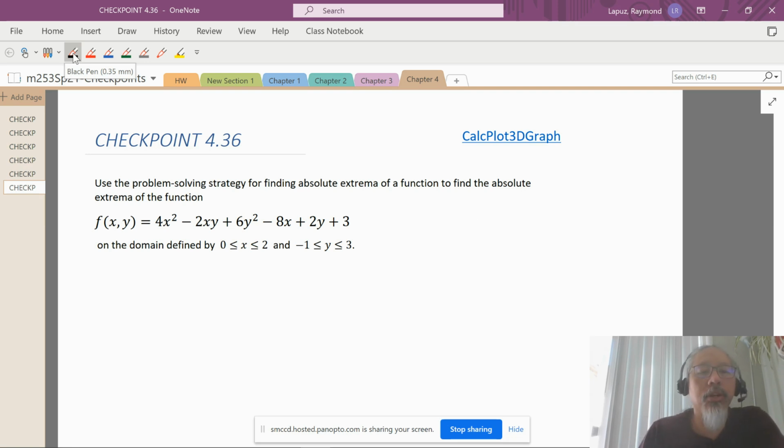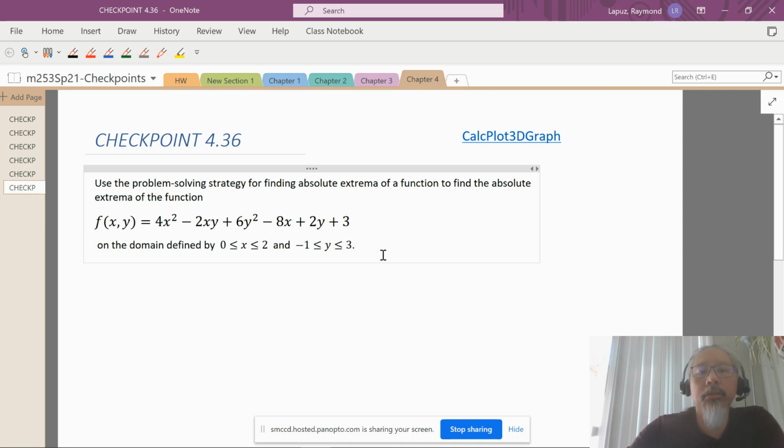So we have the function 4x squared minus 2xy plus 6y squared minus 8x plus 2y plus 3. And the given domain is x goes from 0 to 2 and y goes from -1 to 3.